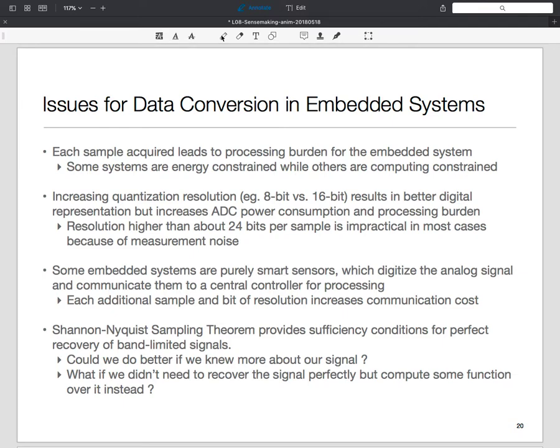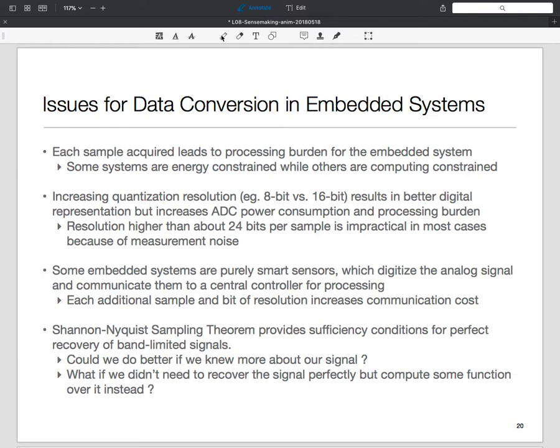Remember, there were two things going on there. The only assumption I was making was that the signal was band limited to a certain frequency. Maybe I know more about the signal. Maybe I know that it's a sine wave, or something else.